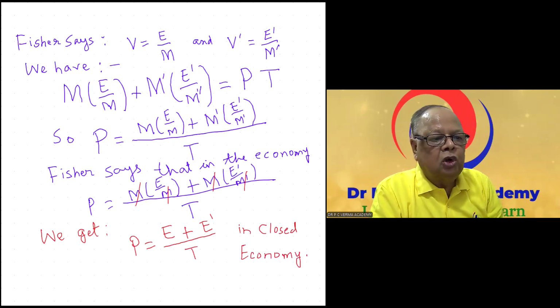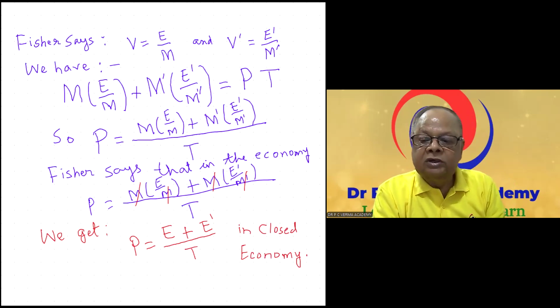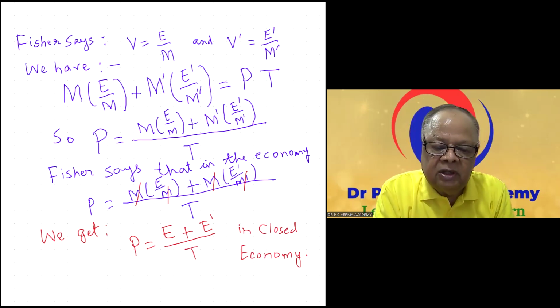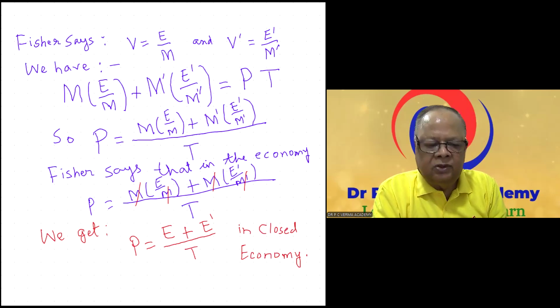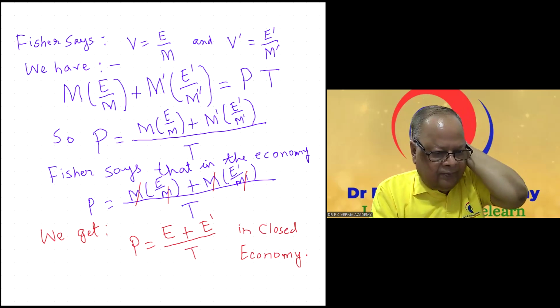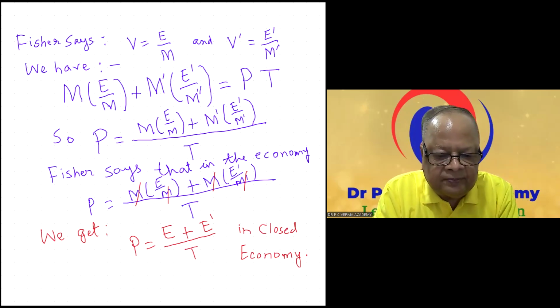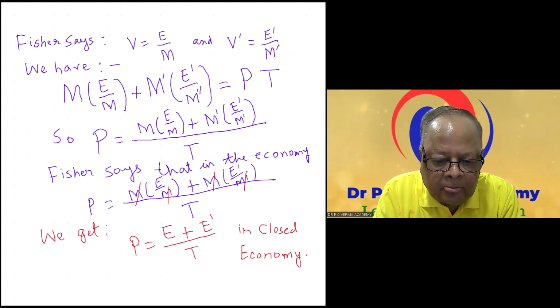In a closed economy, if all transactions done by money and all transactions done by credit money are added together, then we will know that the price level in the economy is being affected by E plus E dash.